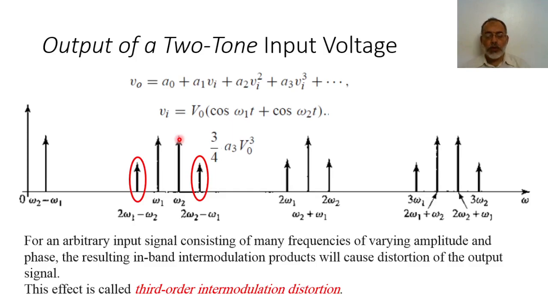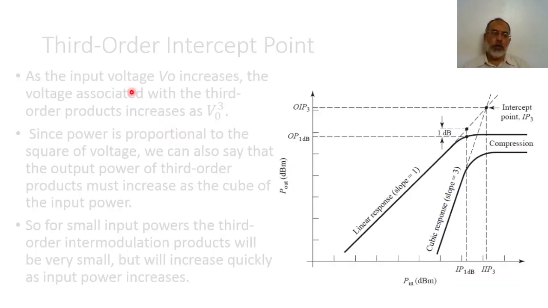And according to this value, we are going to define a value which is called the third order intercept point, where the third order intermodulation will have nearly the same amplitude as the original signal. And effectively, our amplifier should be used much below such third order intercept point to differentiate between the original input signals.